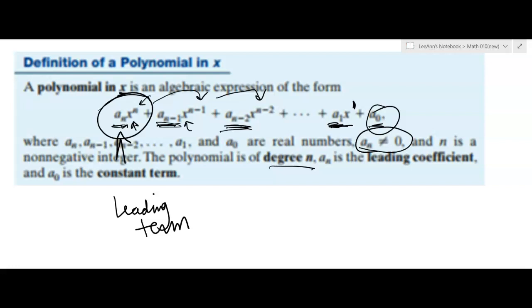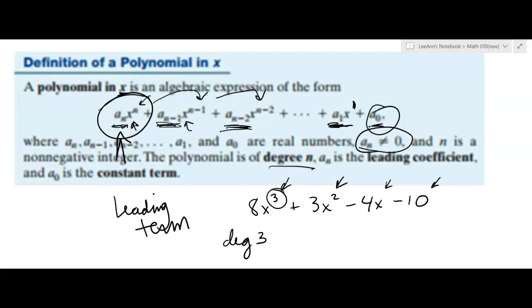So let me make up a polynomial real quick. 8x cubed plus 3x squared minus 4x minus 10. Then it's in the right order. It's in standard form because it goes 3, 2, 1, and then there's the constant. The degree is going to be 3, so if they ask me the degree, it's 3. The leading term, sometimes they ask for that, would be 8x cubed.